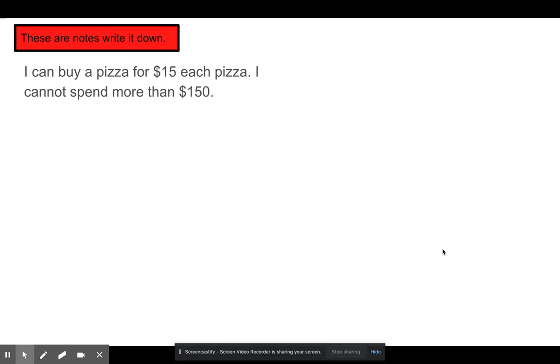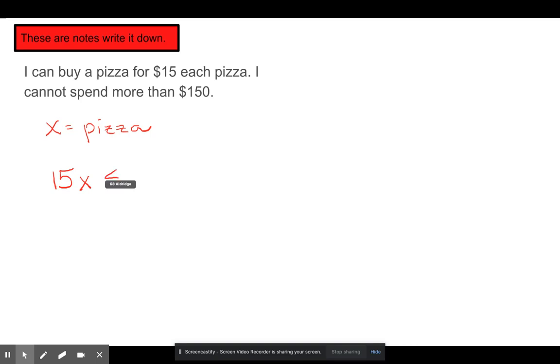Let's look at just this one variable problem. I can buy a pizza for $15 each pizza. I cannot spend more than $150. So we know X will be pizza. So our equation is $15 times each pizza, X. I cannot spend more than, so that's kind of like no more than.